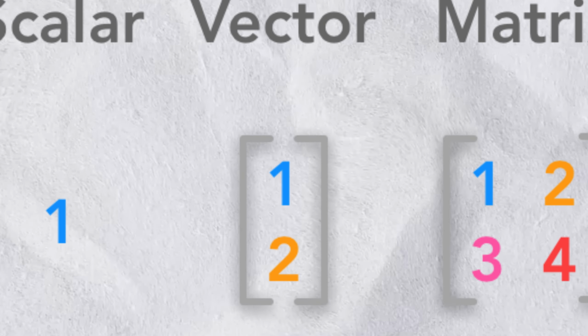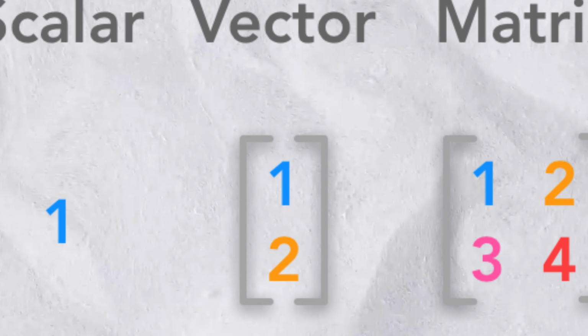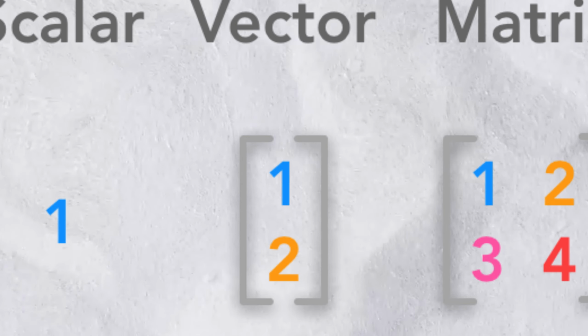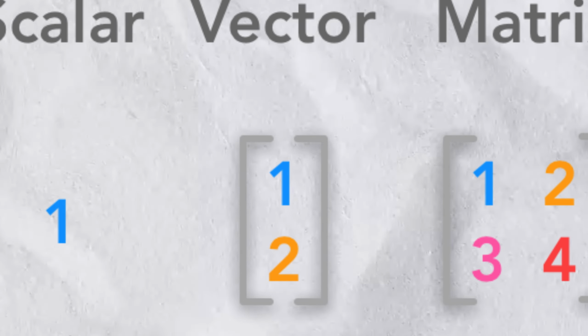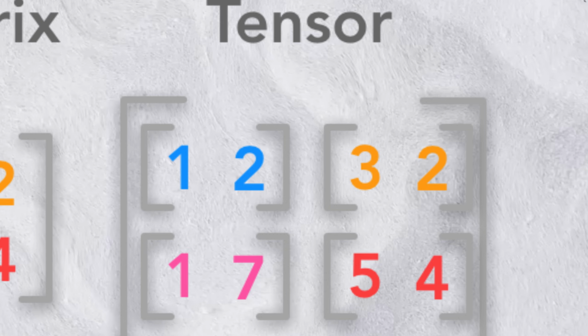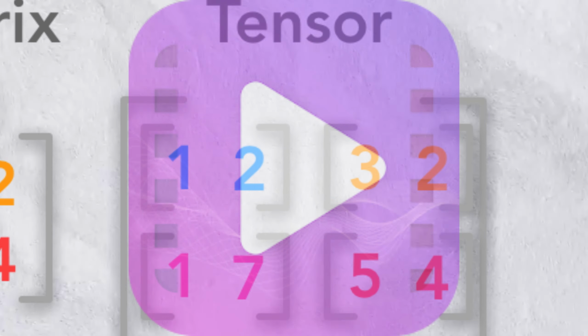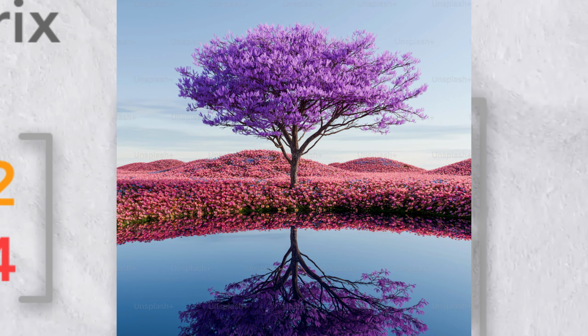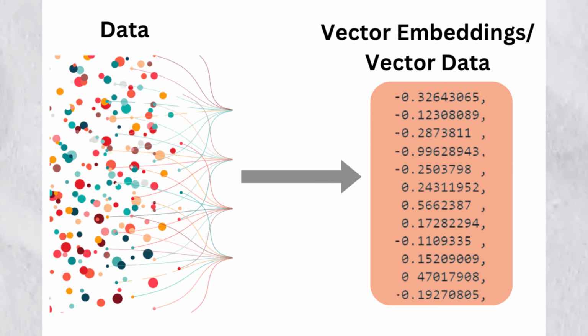Vectors are used to store lists about people, lists about vegetation. And tensors are used to store a stack of lists like a video or an image. And that's how matrices work.